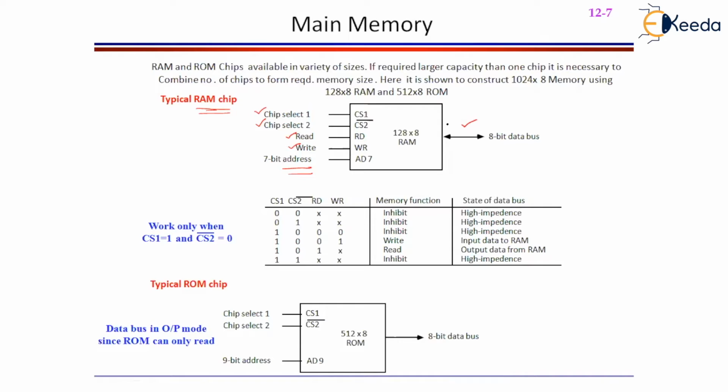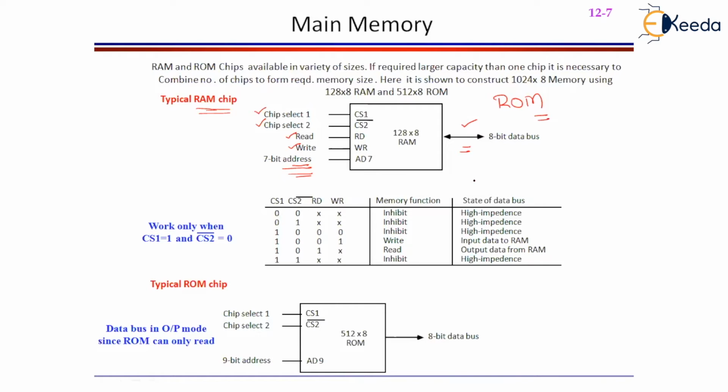Again, let us have a look at the connections the RAM chip has. Chip selector 1, chip selector 2, read, write, address bus, and data bus. There is a connection from the address bus and a connection to the data bus. These are the connections available at a ROM chip.